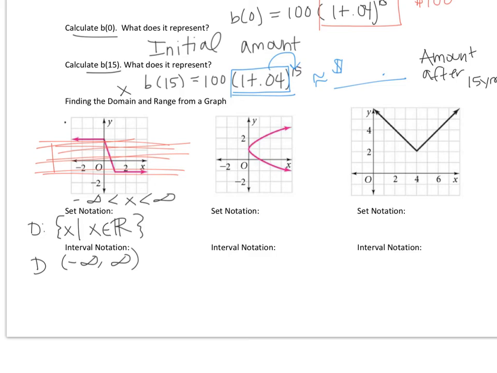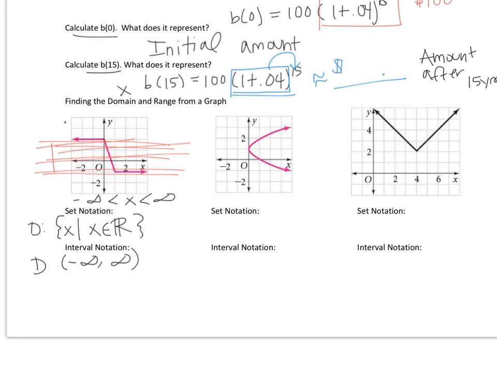And now we're going to look at our range. So our range is how much is it going up and down. So the y's, how far does it cover the y's? So just like I start on the left hand side, I'm going to start down. So are there any y's down here? Nope, because it's just going straight across.